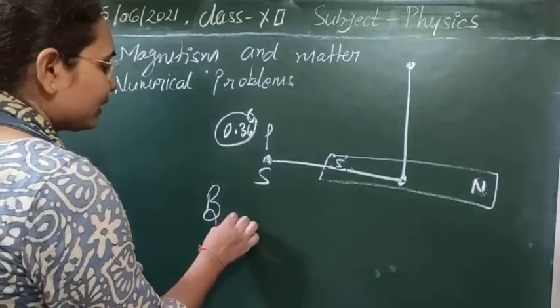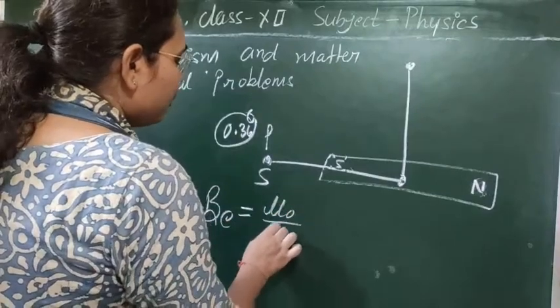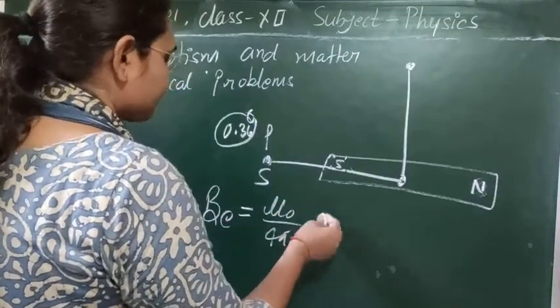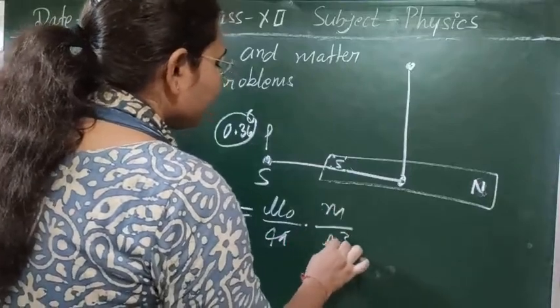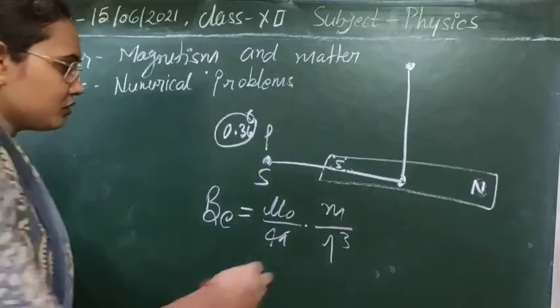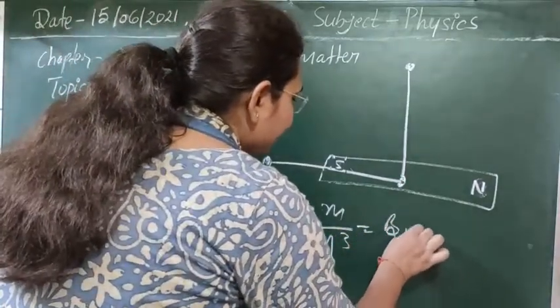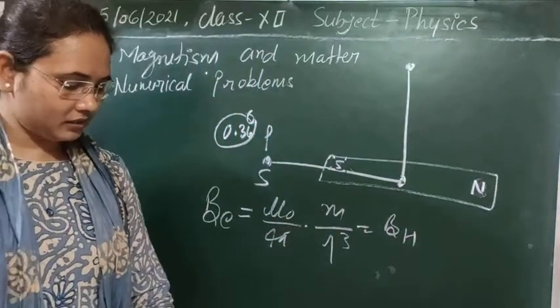And you know that the magnetic field at the equatorial axis is given by mu 0 upon 4 pi, m upon r cube. This is the value of the magnetic field at the equatorial point, and suppose this is given by some BH here.